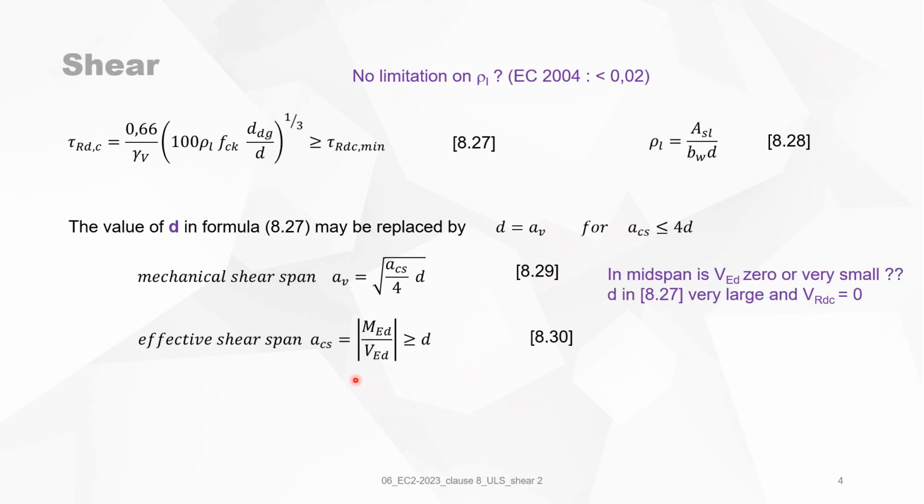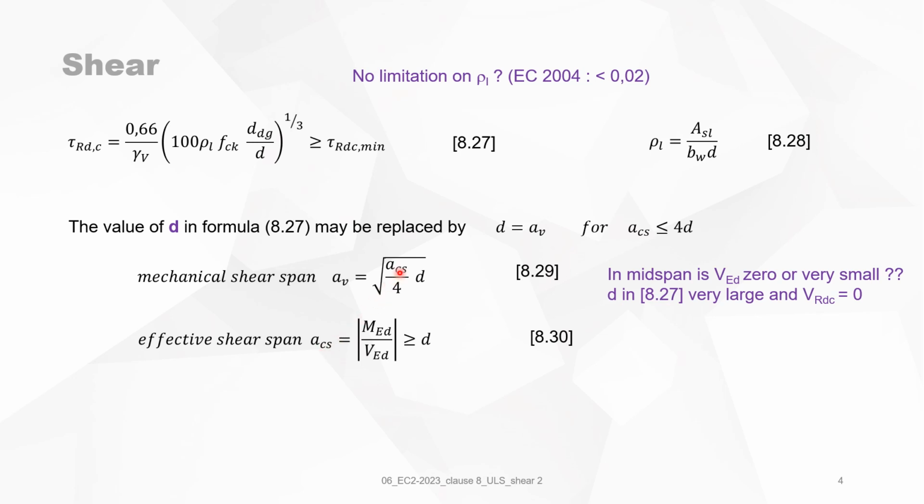Now we can detect a small problem when you have an isostatic beam, single span, with a uniform distributed load. In midspan, the shear force is 0, or you can say when the shear force is very small, then when V_Ed is very small, then a_cs, the effective shear span, will be very large.